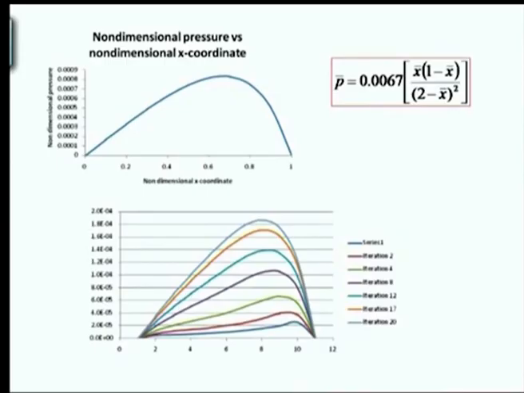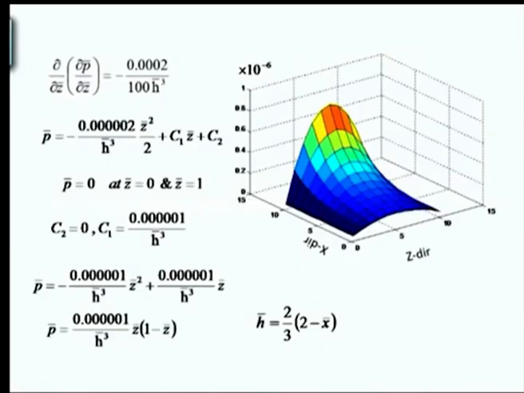Only thing is that the dimensions were very different. In the first example, our previous example, we considered the x dimension much smaller compared to the z dimension, while in the present example we are considering the x dimension much larger compared to the z direction. So, we get some pressure profile something like this. Now, this is a nice picture as such.